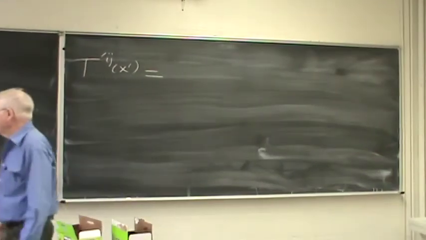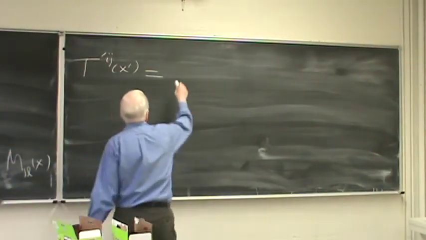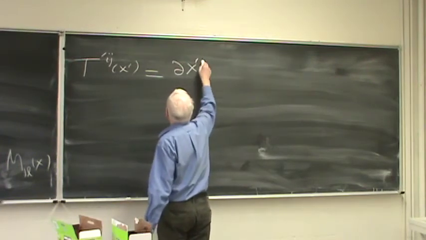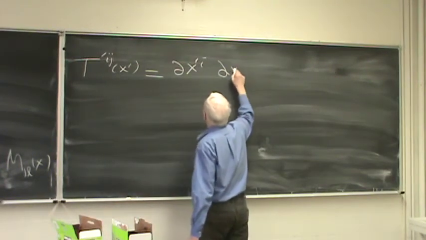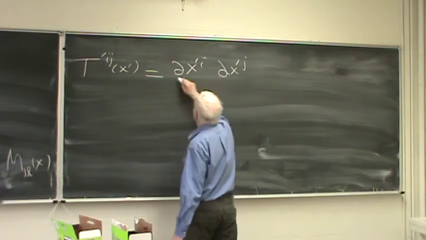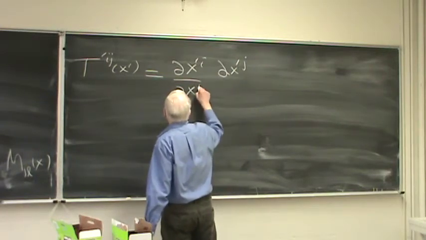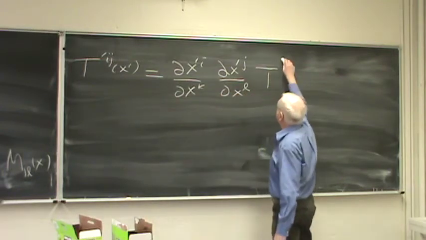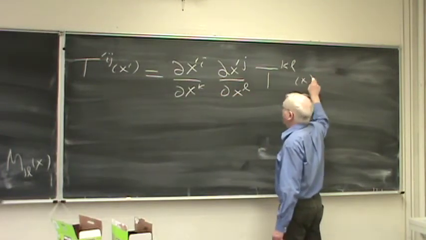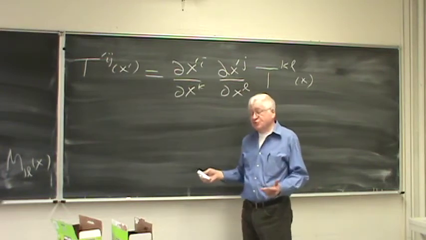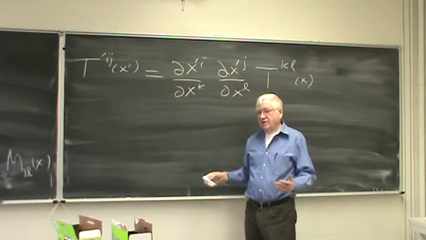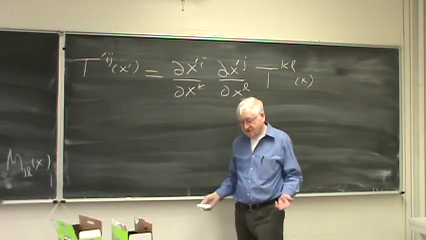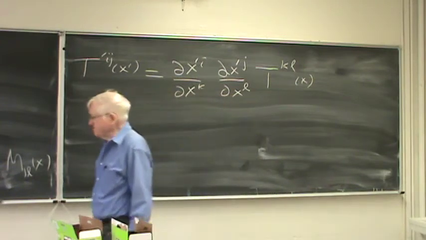All right, so this is partial x prime i over partial x k, partial x prime j over partial x l, T kl. Okay, so this would be a contravariant, second order tensor field.